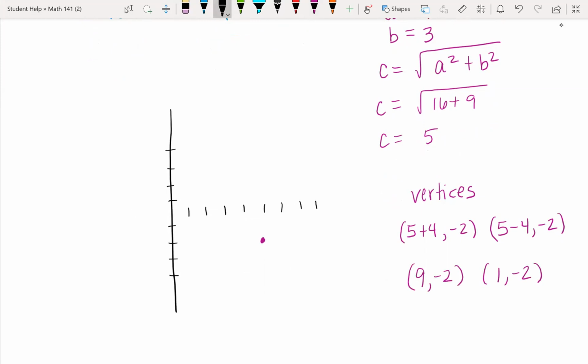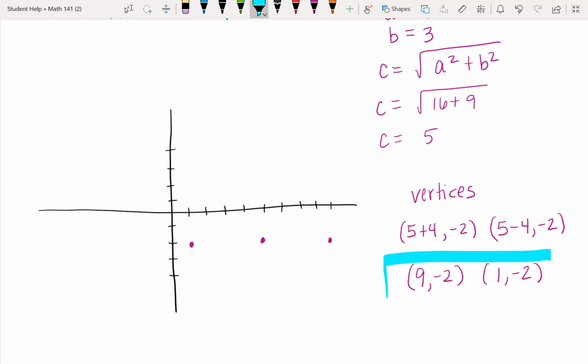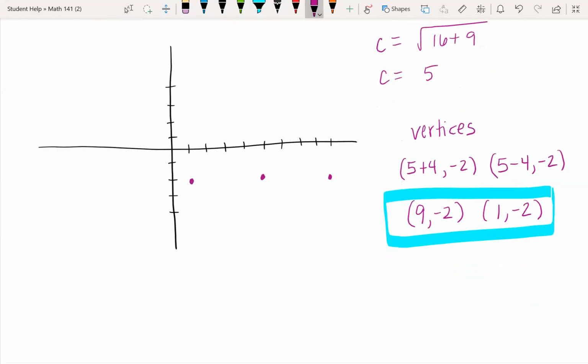So here and here. Okay, so those are our vertices. The focus points are going to be 5 from the center.